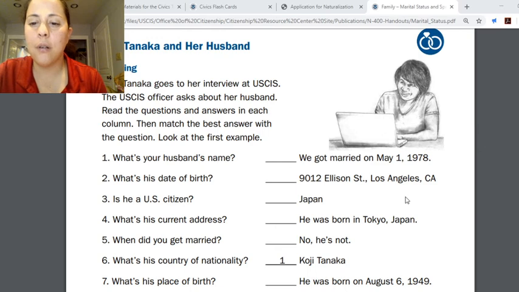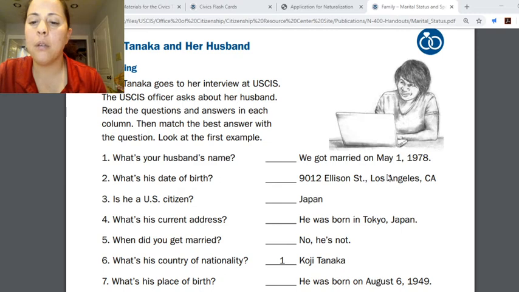Number 5. When did you get married? We got married on May 1st, 1978.